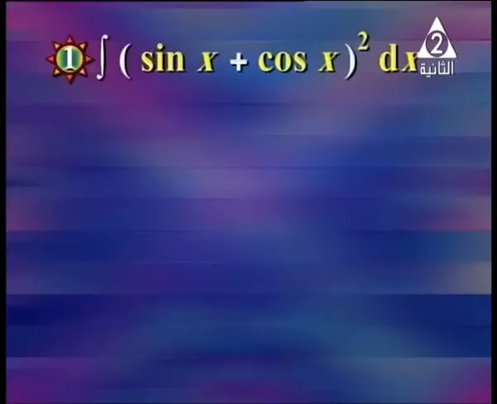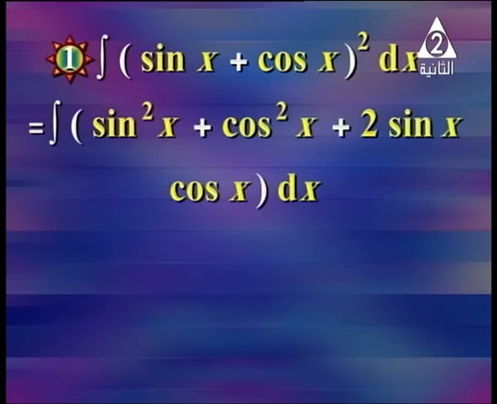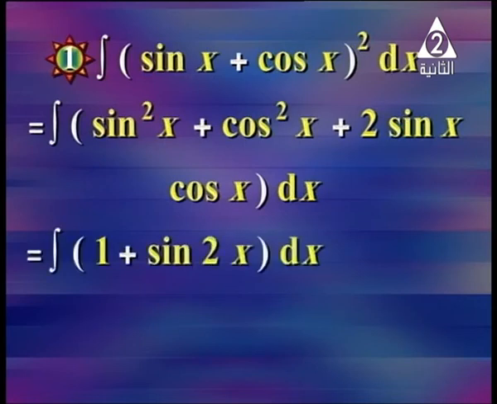Dear student, what is the integration of bracket contains sin x plus cosine x all power 2? We find the value of the bracket power 2: sin square plus cosine square plus first times second times 2. Then the bracket becomes sin square x plus cosine square x plus 2 sin x cosine x. Remember, dear student, what is the value of sin square plus cosine square? Yes, 1. Then the integration becomes bracket contains 1 plus sin 2x.